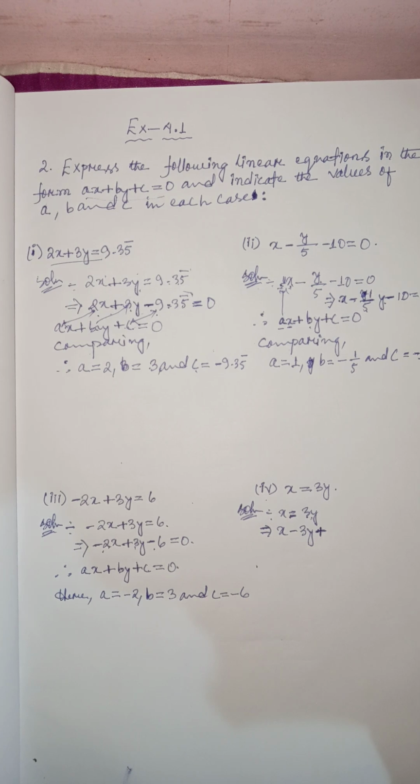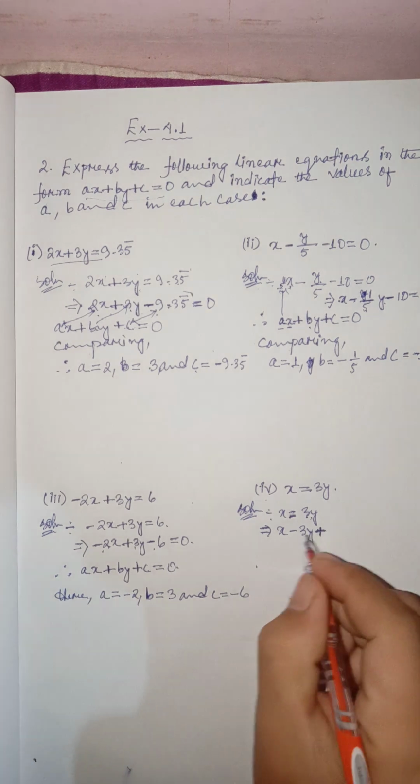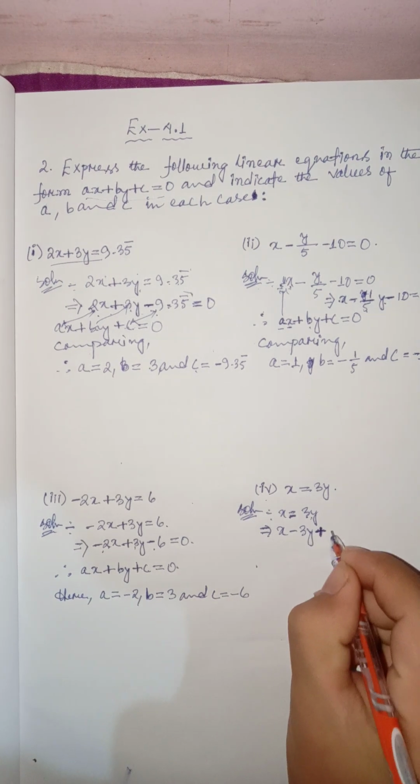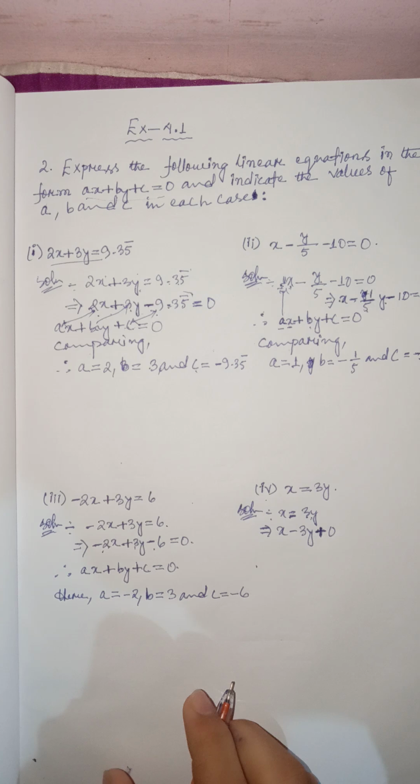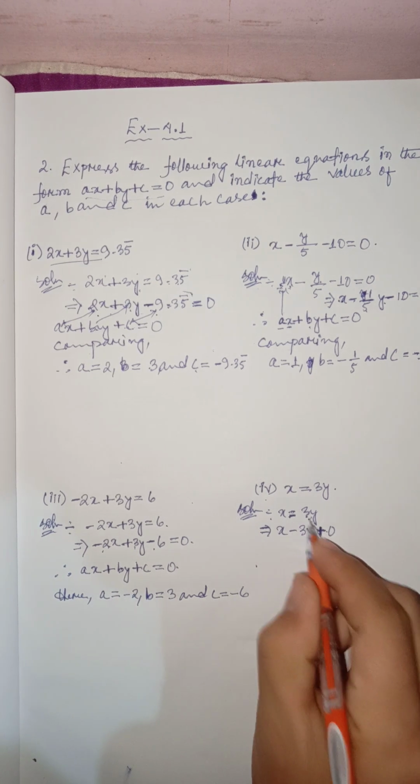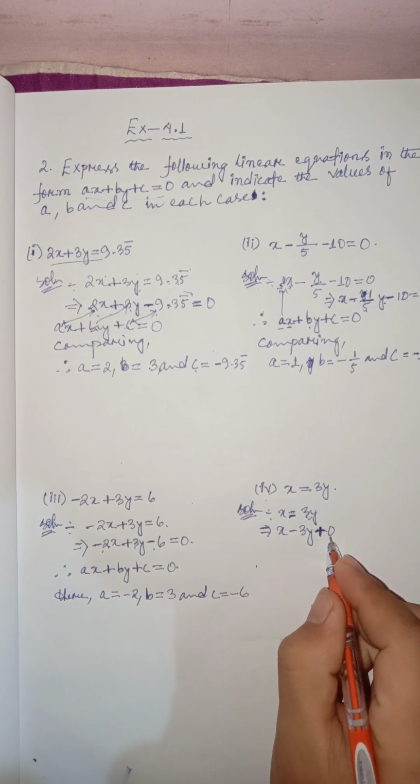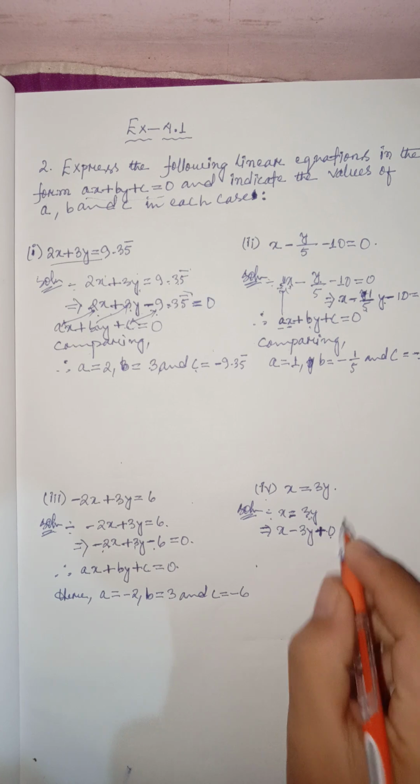It is the general form. So in order to match with this general equation, what can we put? We can put 0, right? If you put 0, then 0 means nothing. If you add all this, you will get the same thing. 0 doesn't make any difference in this. Just to satisfy this condition, we just put 0, right?